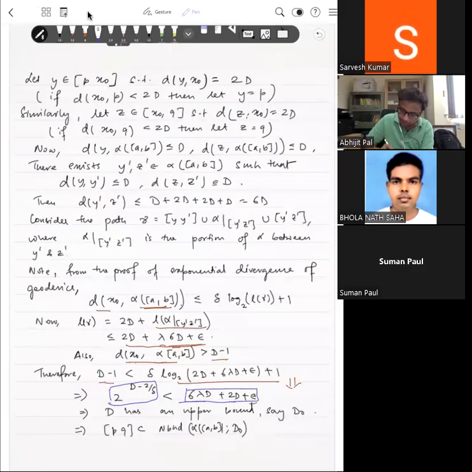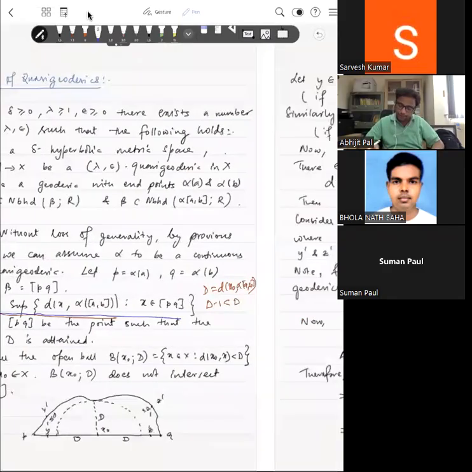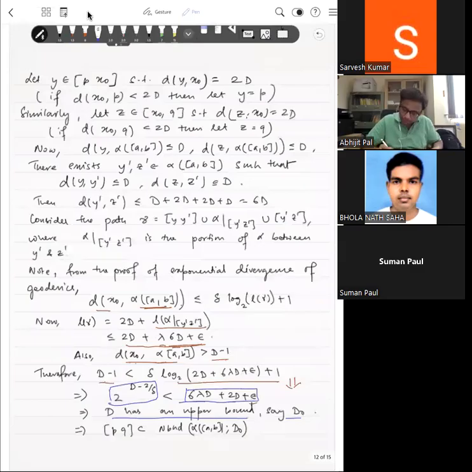So this implies that d is bounded, say by an upper bound d naught. Therefore this geodesic PQ lies in the d naught neighborhood of alpha.